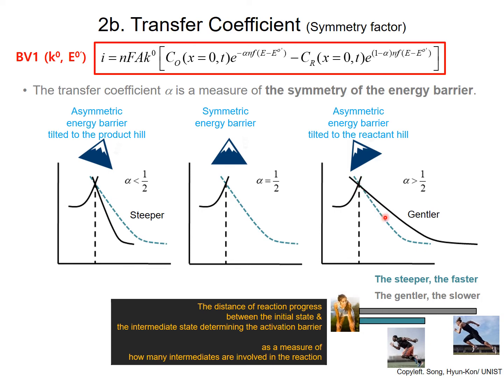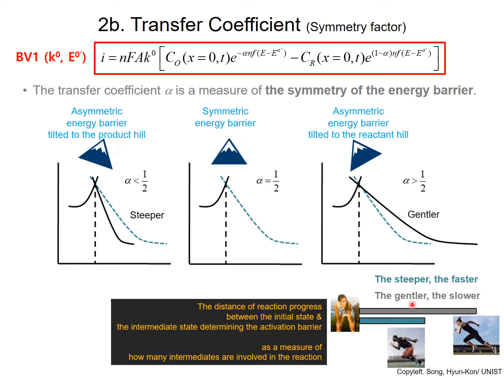The dashed blue line was obtained from alpha equal to 0.5, and the other gentler product curve is obtained at alpha larger than 0.5. At alpha equal to 0.5, the distance between the initial state and the intermediate state is shorter.